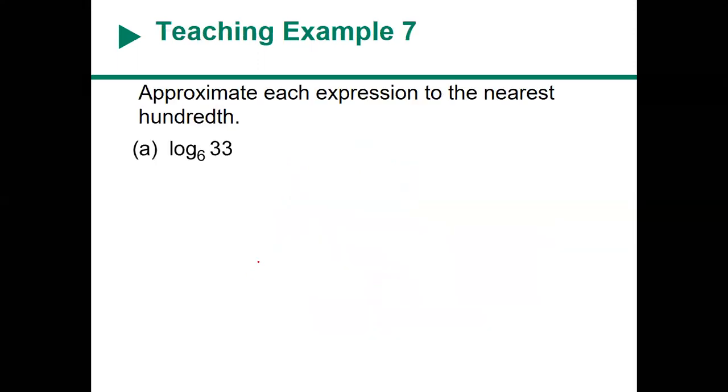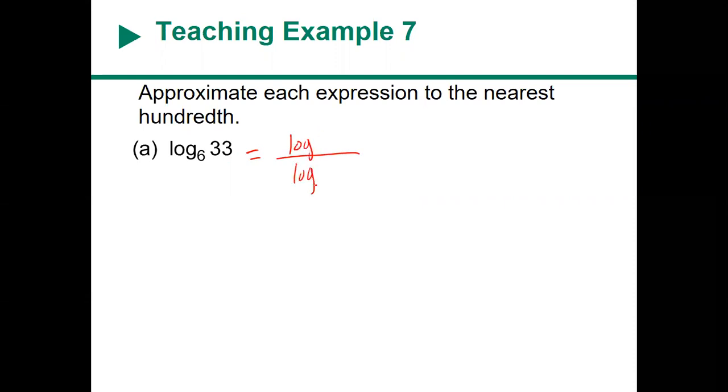So let's give it a shot. If I have log base 6, 33, and I want to be able to put this in the calculator, I'm going to have log, because remember it's common log, and my base value goes in the denominator, and this becomes the numerator. And this is what I can put in the calculator.